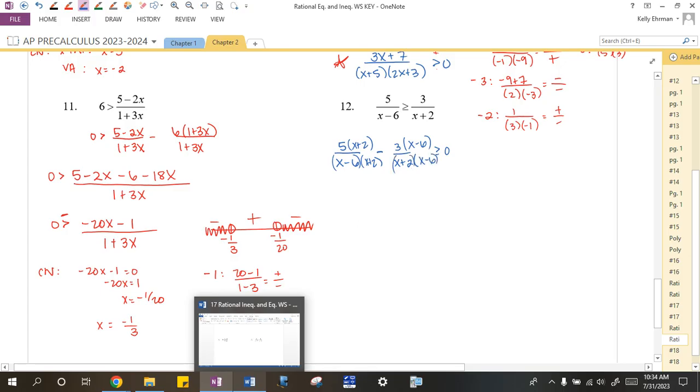So I just wanted to not have to write everything more than once. So this whole thing is going to be over x minus 6, x plus 2. We're going to get 5x plus 10 minus 3x plus 18. That's 2x plus 28.